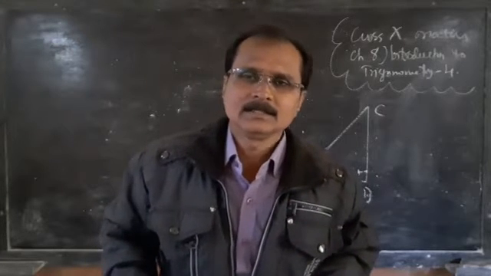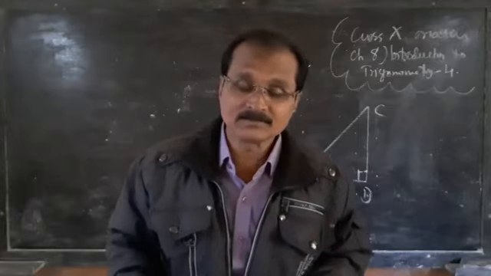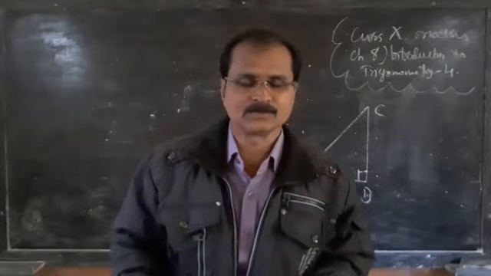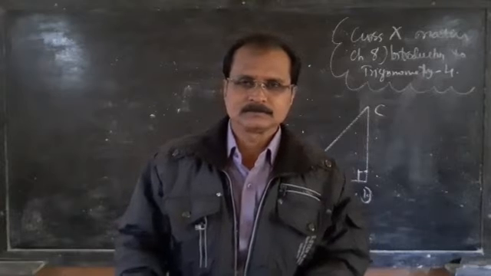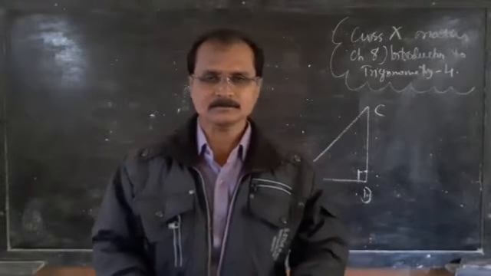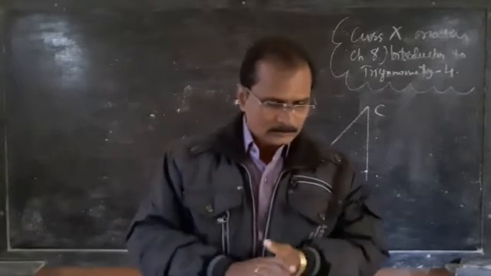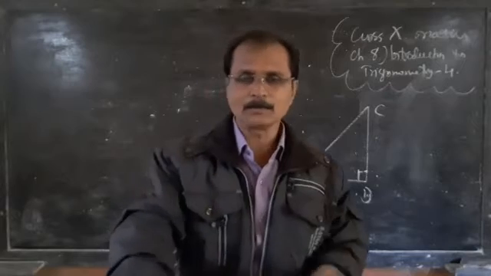These are the 6 different types of basic trigonometric ratios. This is the most important thing. Then we have learned the values for different angles. Now the trigonometric values of a complementary angle. What is this complementary angle?